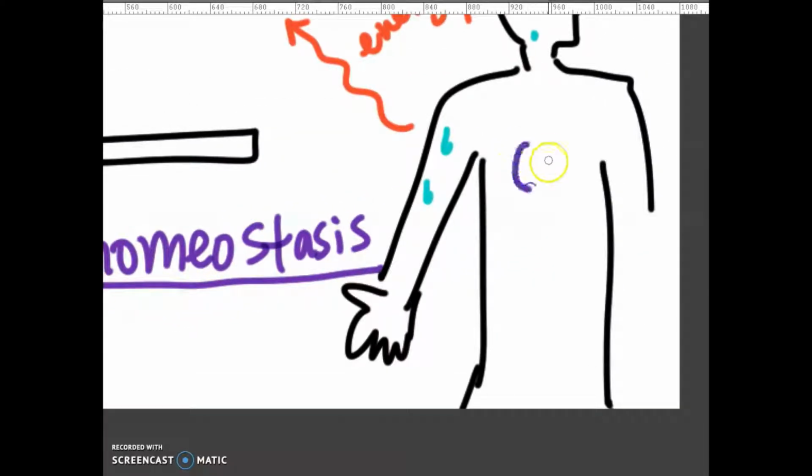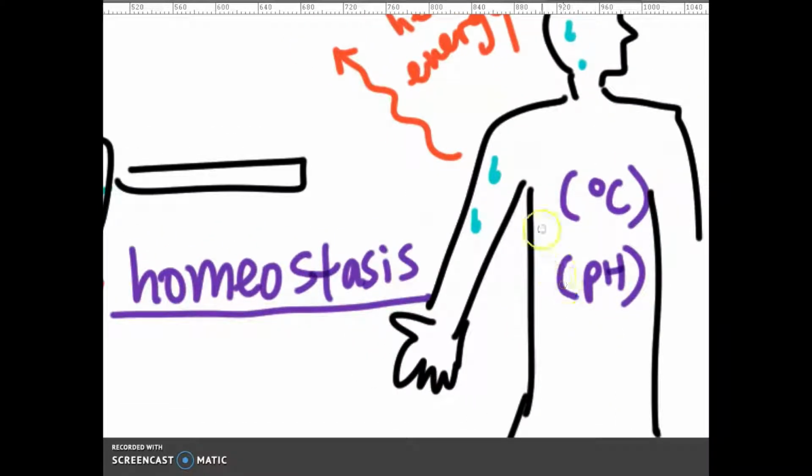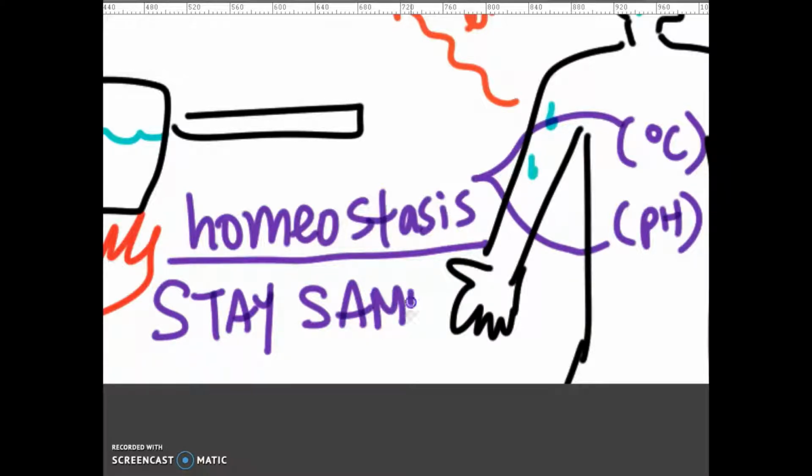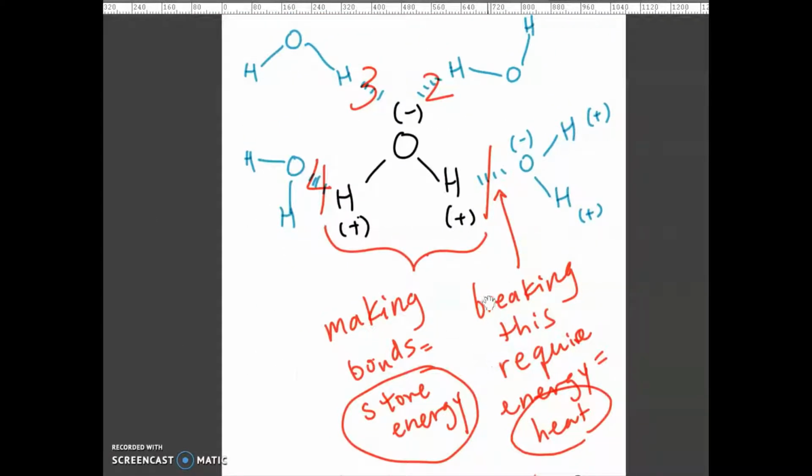So the internal temperature, the internal pH, which we'll talk about soon, the internal whatsoever it is, all of this becomes part of homeostasis. How can we keep this the same? We need to keep our body temperatures and body pH about the same. Okay, that is it for the number 4.